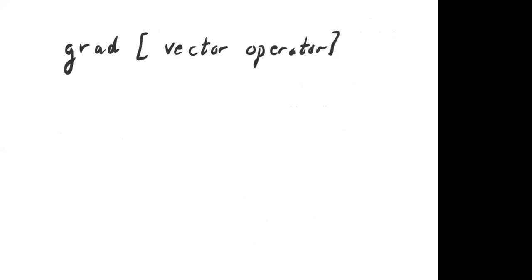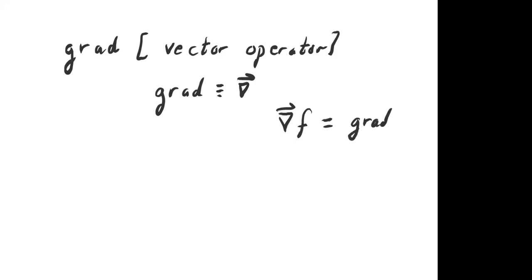So let's summarize. We've talked about the gradient as an example of a vector operator. The gradient operator is the same thing as del, and it can only act on scalar fields. And it will give, as a result, a vector. So the gradient of a scalar field gives you a vector.